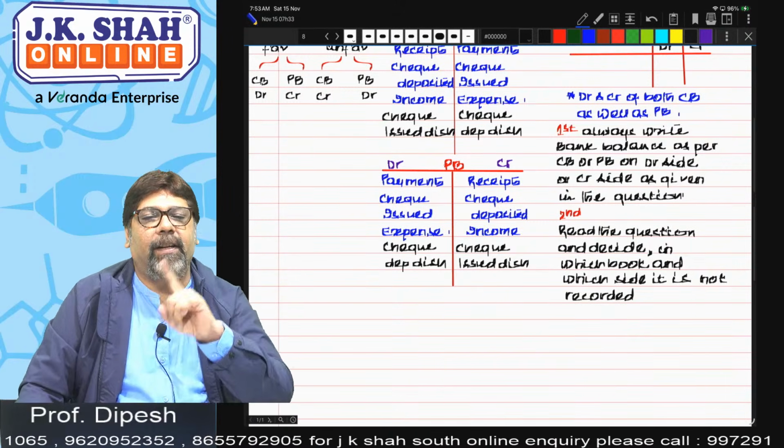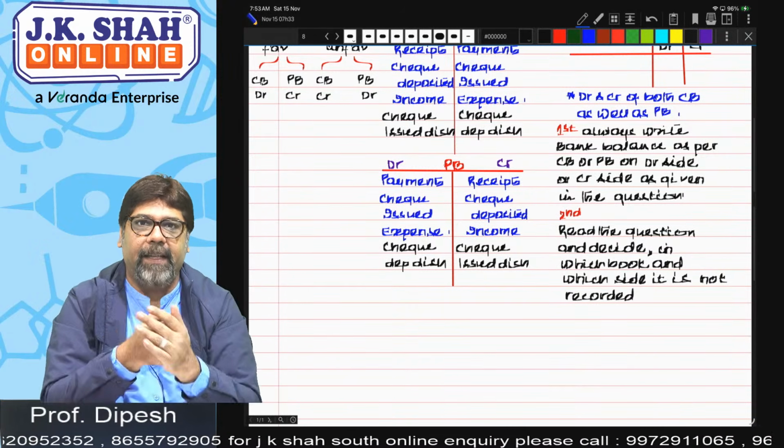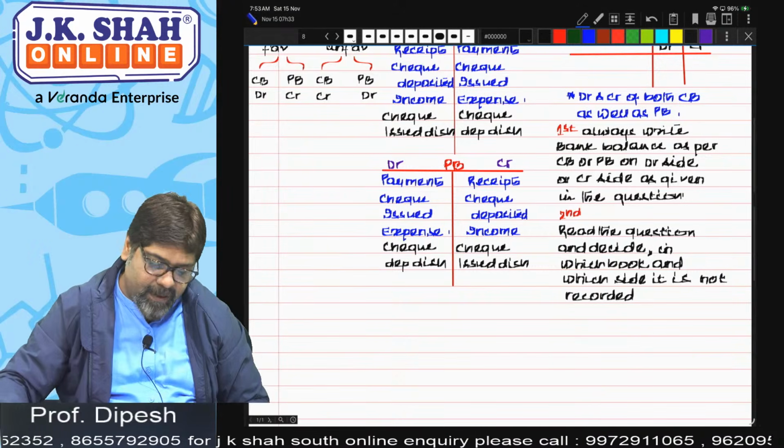That means if it is not recorded in the cash book debit side, it is not recorded in the passbook credit side. So first read the question, then decide in which book and which side it is not recorded. Correct?